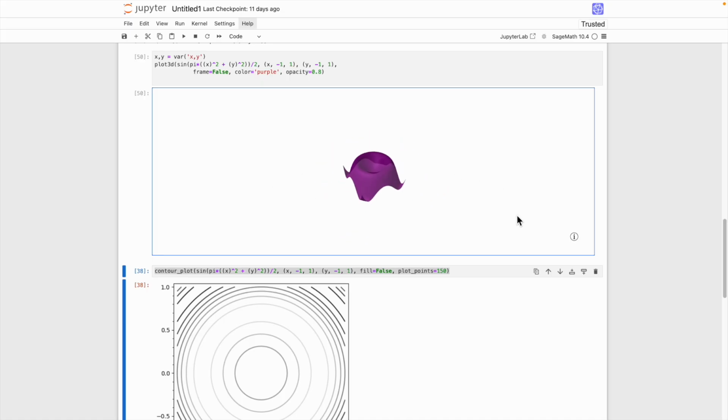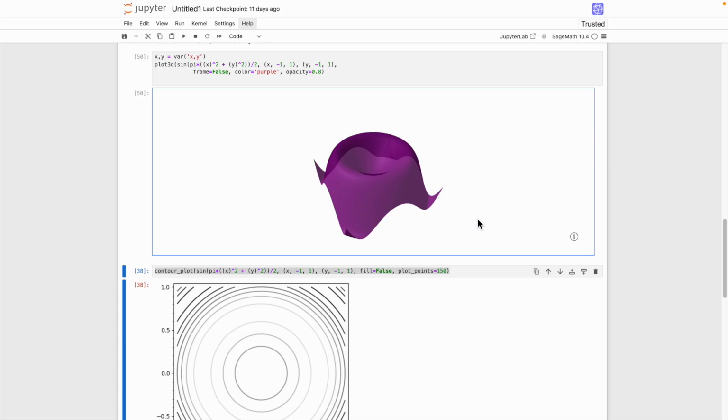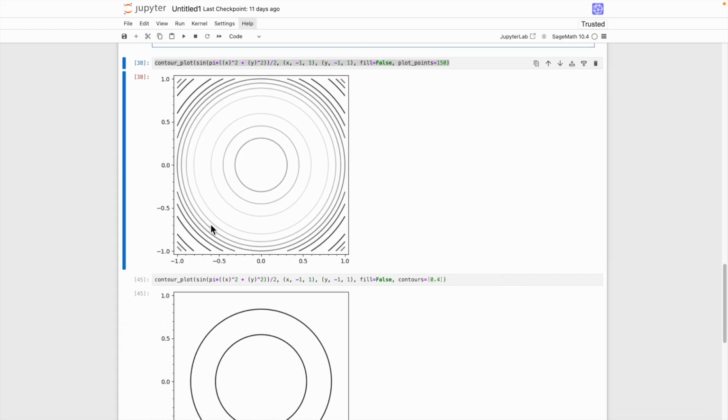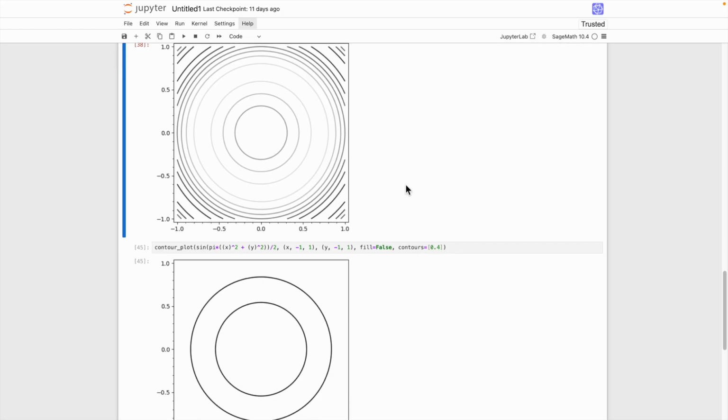And if you consider the collection of all the different level curves, not just for 0.4, but 0.3, 1, any possible number here, then you will get what is called the contour plot. The contour plot is the set of all the different level curves of the function.